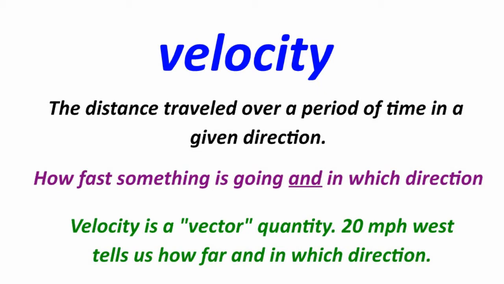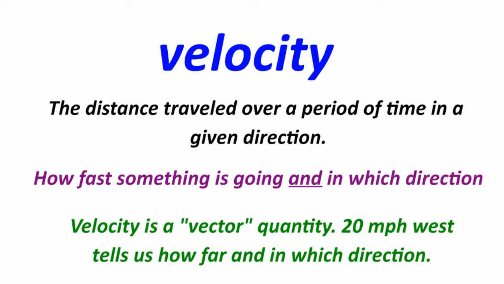If you said vector, you would be correct. When we specify velocity, we also must give a direction with it. So 20 miles per hour west has magnitude and it has direction. So that makes it a vector. And that's the only difference between speed and velocity.